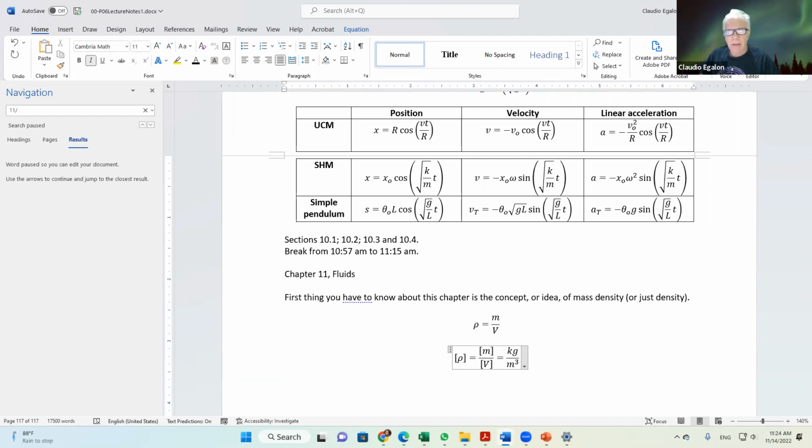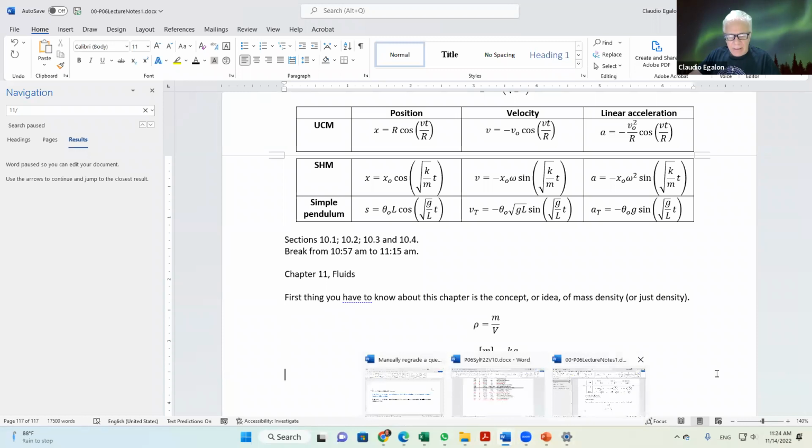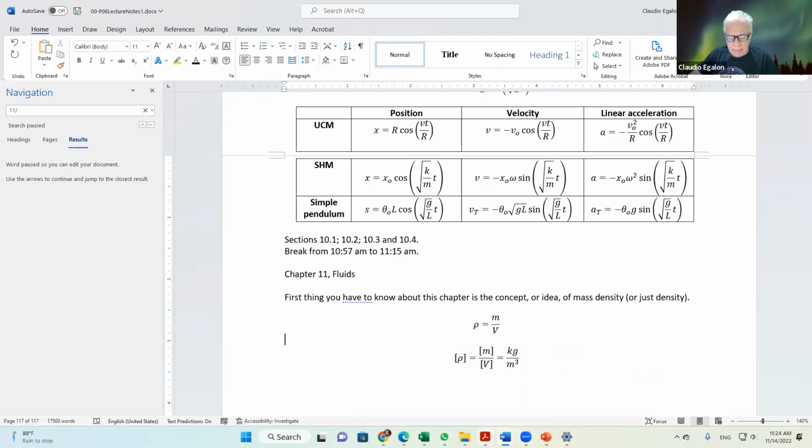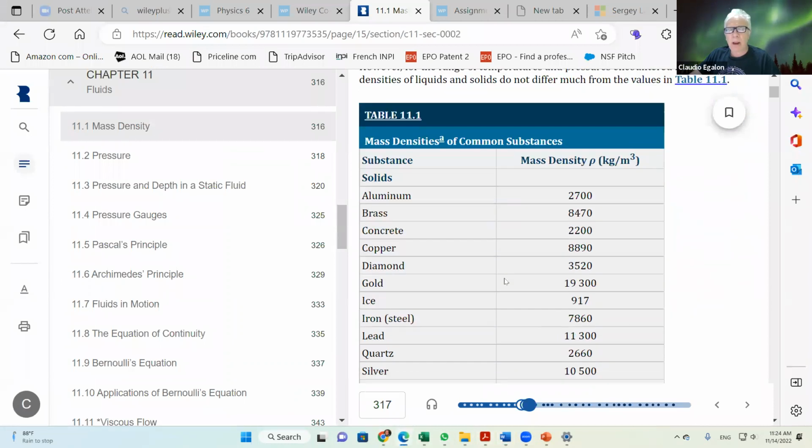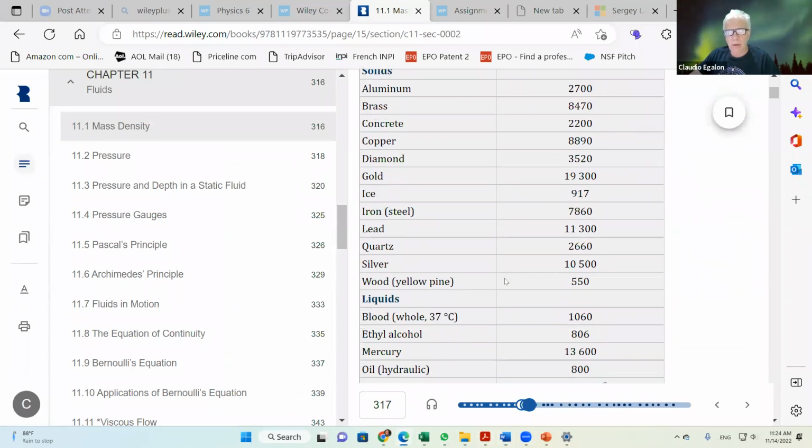That's the SI unit of density. So different substances have different densities. The standard for density is water. We can make a table to list all sorts of different densities. You don't have to memorize all of them, but there are a few that you have to know by heart, like the density of water, which is not difficult to memorize.